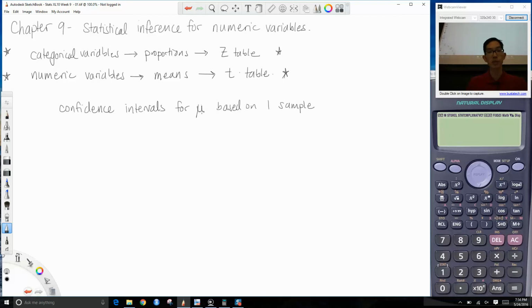It's the population mean. It should be familiar from chapter 6 when we were dealing with the normal distribution. All right, and then we will also have hypothesis tests for mu based on one sample.